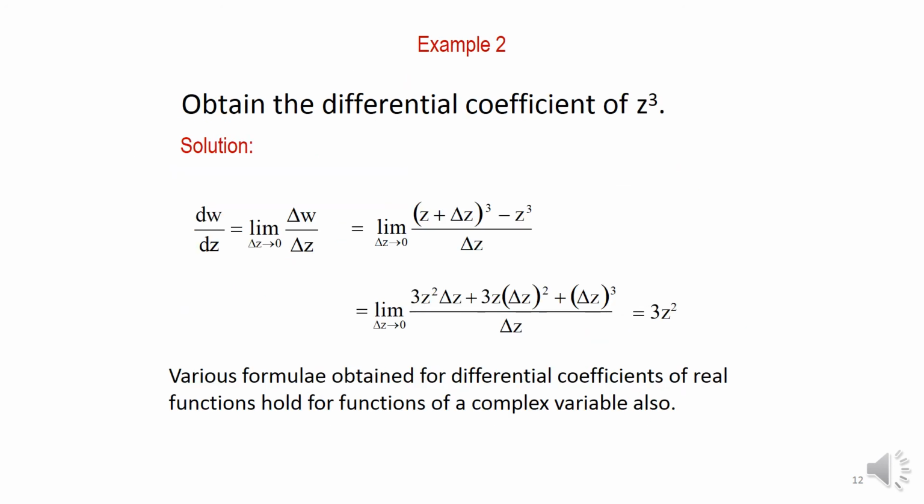And let's do one more example: find the differential coefficient of z cube. We use the second formula, dw/dz = limit delta z tends to 0 of del w/del z. So basically the right hand side is the same as we did in the previous formula.